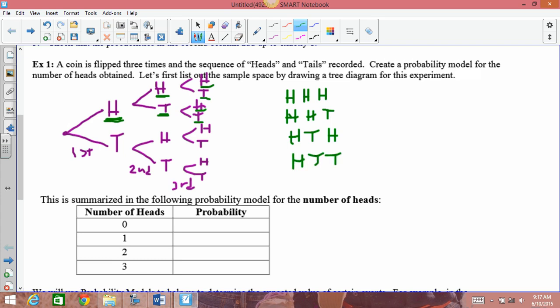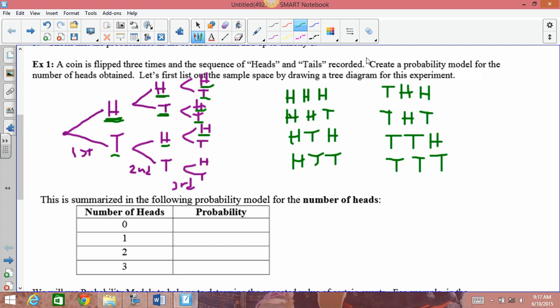That gives you the order of your coin toss. Then come down and read your second branch here. Tails, heads, heads. And then I'm just going to keep going. Tails, heads, tails. You can list these in any order that you want to, just as long as you have all 8 outcomes.